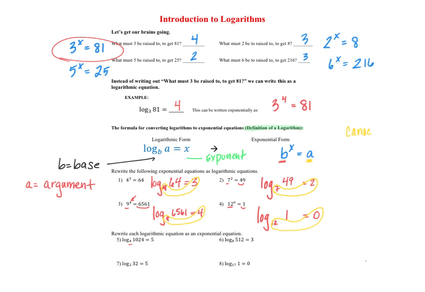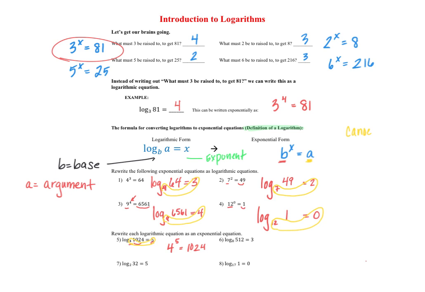So that means I'm going to have 4 raised to the value on the right, which is my exponent. That's going to go up here, and the argument is what's going to go on its own. So that's saying 4 to the 5th equals 1,024. Check that with my canoe: 4 to the 5th is equal to 1,024.